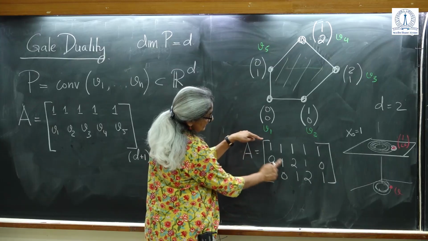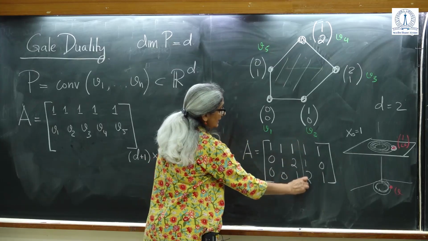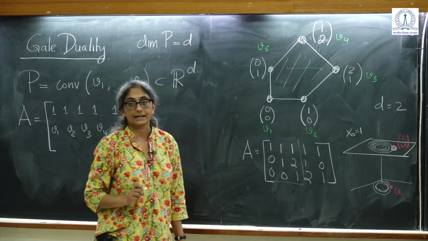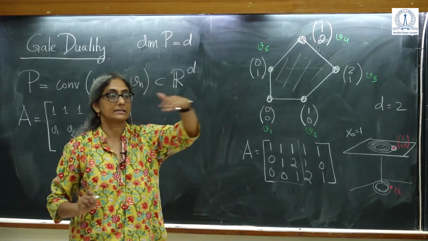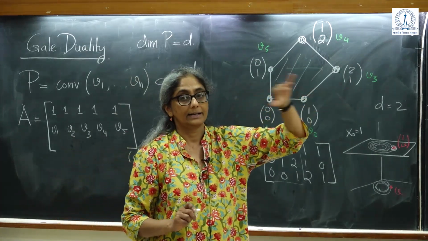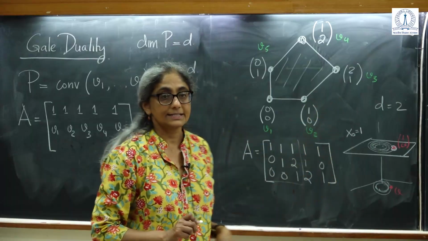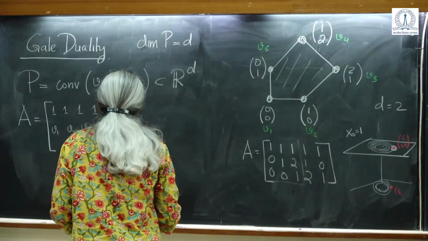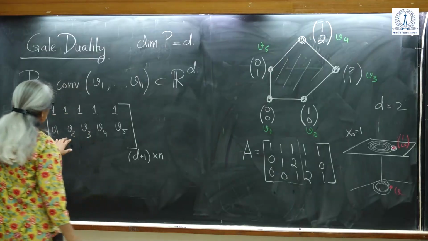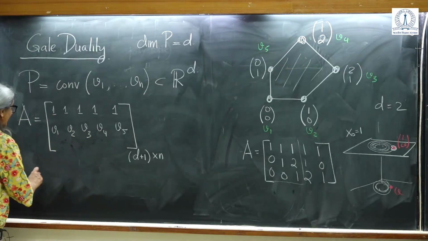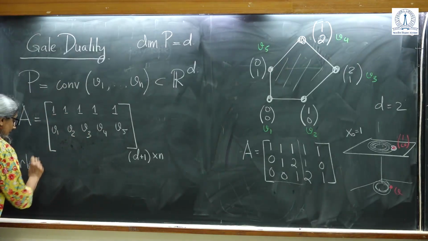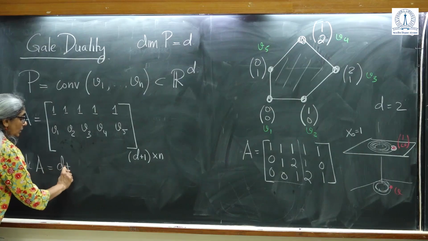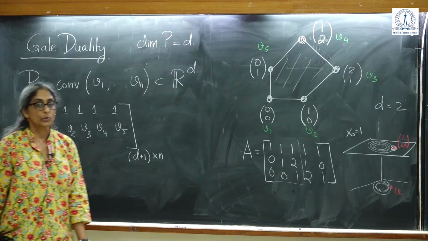You can see this easily from this part, that it's an upper triangular matrix. Its determinant is the product of the diagonal entries. This is not 0, so this is a rank 3 matrix. And in general, you can check, let me leave this as an exercise, that the rank of this matrix by this construction is going to be d plus 1, which is exactly the number of rows.